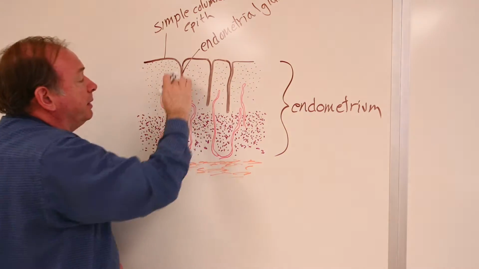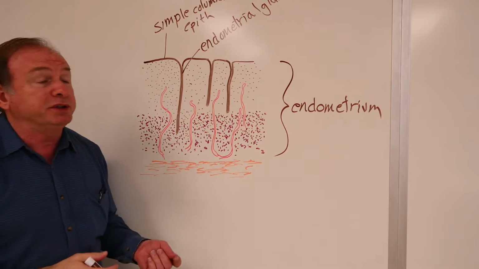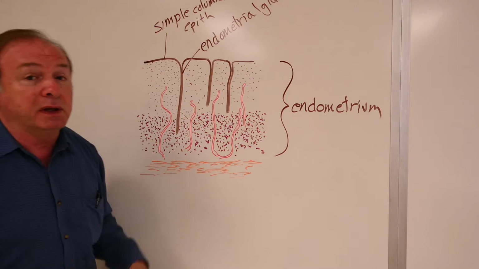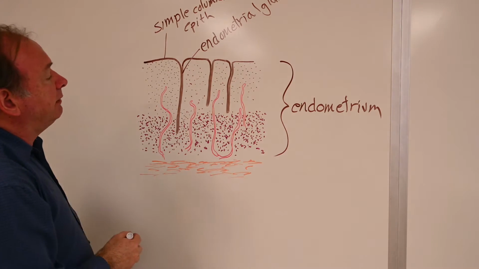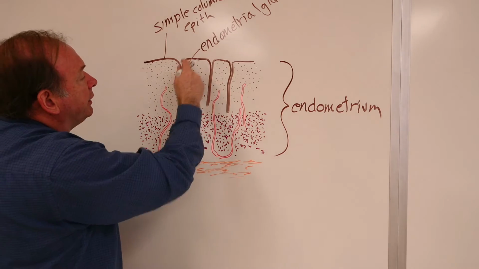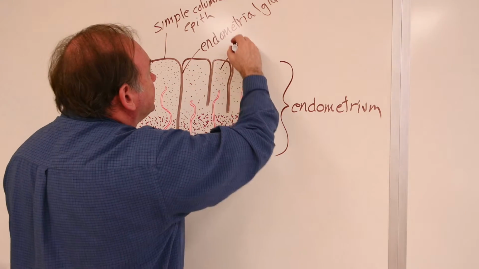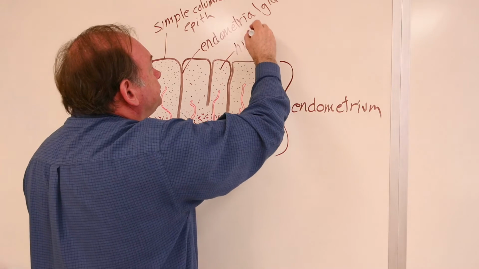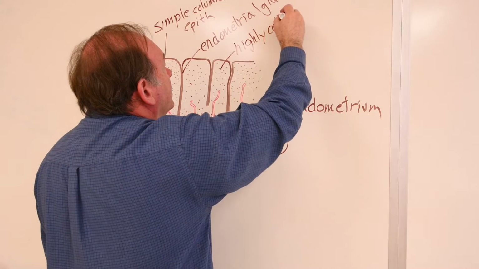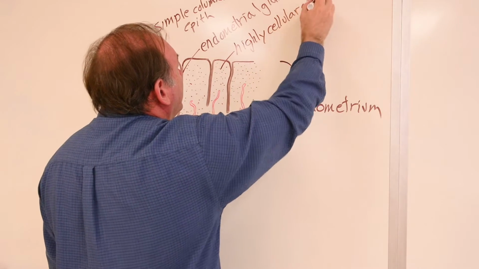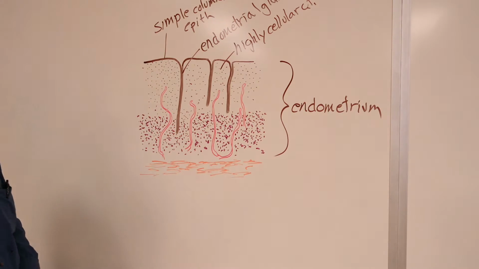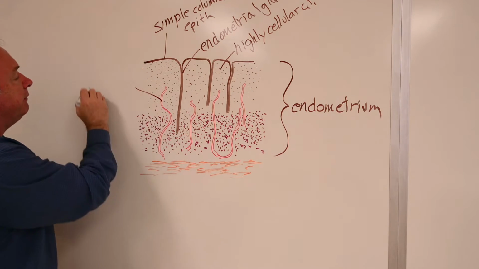And it also is made of the same kind of columnar cells as you find forming the lining of the endometrial cavity. Underneath of that, you have this highly cellular connective tissue, and within that you have blood vessels.